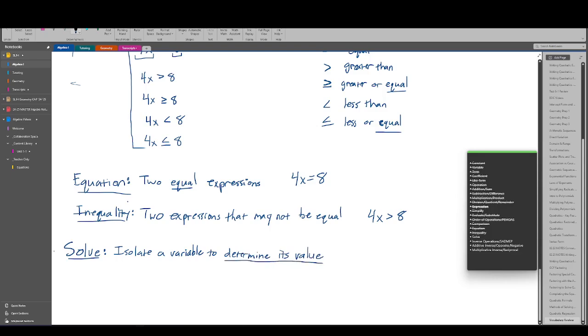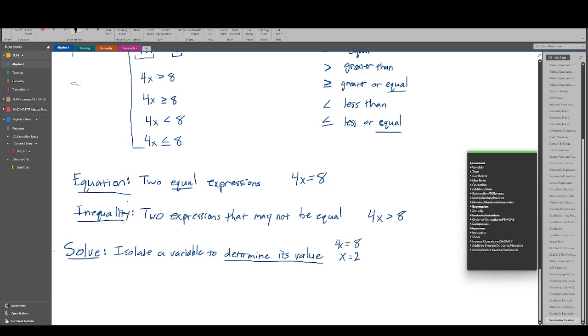You don't always determine it in terms of a numeric value, but the idea is we get a variable by itself. So I'm sure when I wrote 4x equals 8, in your head you were already solving that and saying, in that case, x is equal to 2. So if 4x is equal to 8, x is equal to 2.